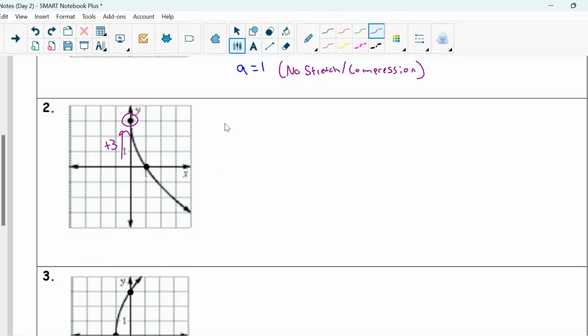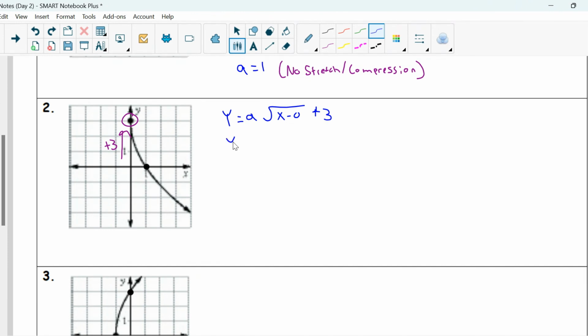So using our form, y equals a times the square root of x minus h plus k, I've got y equals a, we'll calculate that later, times the square root of x minus 0, since there's no horizontal transformation, plus 3, since we do transform up 3.